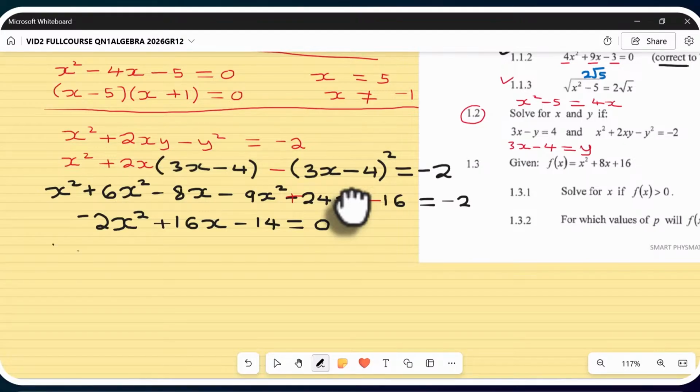But don't forget we said that our y is what? What did we say regarding y? Here our y equals 3x minus 4. So, to get our y here, we're going to say 3x minus 4. But what is our x here? x is 7.